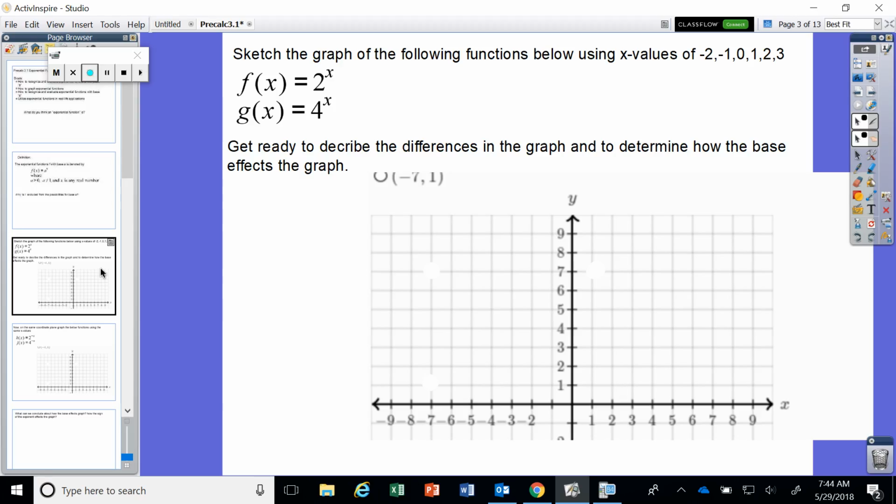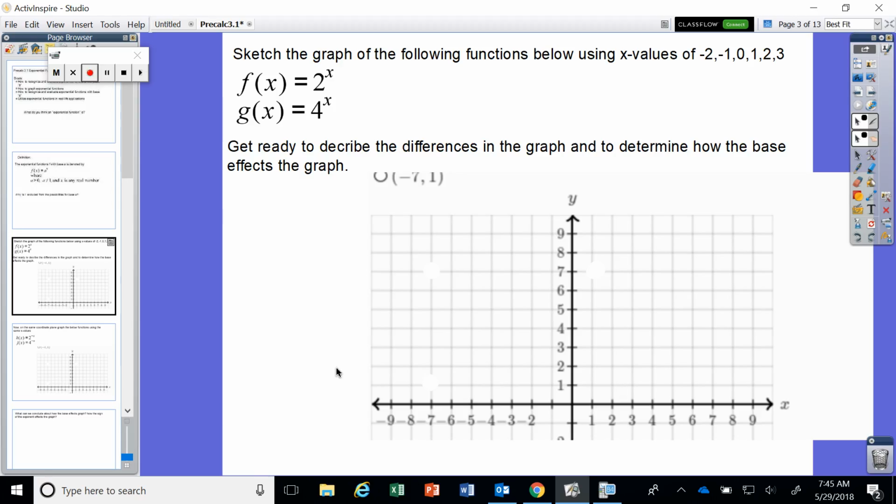So what I want you to do for a sec is, I've given you some x values here, and I challenge you to pause the video now and either just use your calculators or actually take the time to freehand draw, that is, graph these two different functions, f of x being 2 to the x and g of x being 4 to the x. With a focus on being ready to think and describe what the differences in these two graphs really are. So, pause the video and let's take a look.